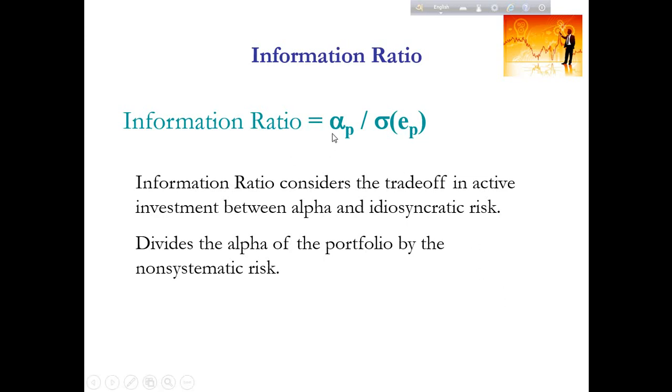Our numerator is the benefit, which is alpha, the ability to outperform, or an abnormal return, and the denominator is the measure of unsystematic risk. The higher the information ratio, the better the active investor has actually performed.